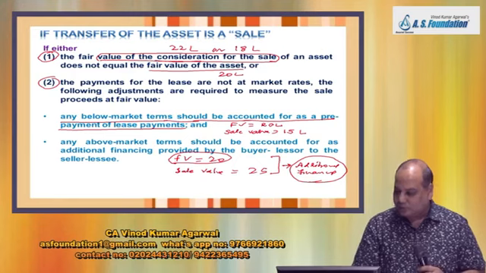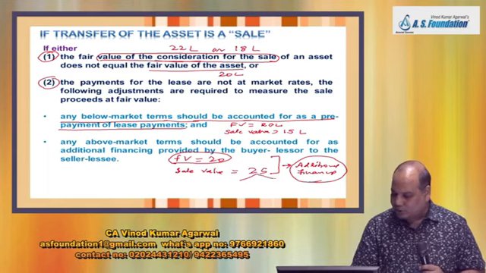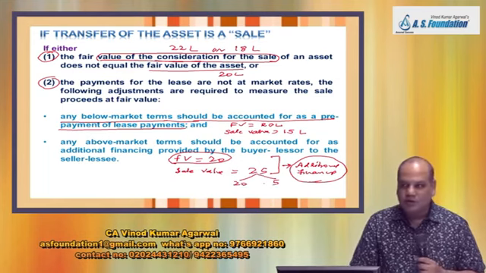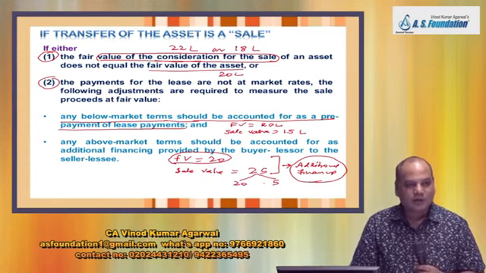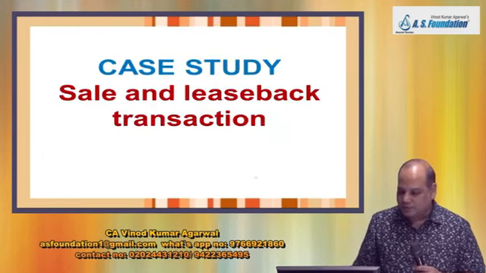The above market term should be accounted for as an additional financing provided by the buyer lessor to the seller lessee. So this will be divided into two types of financing arrangement. 20 lakh is against the asset and 5 lakh is over and above that, extra loan given. Okay.